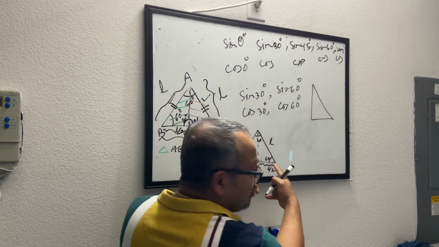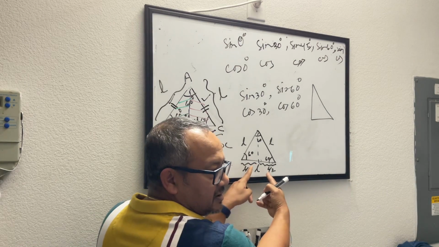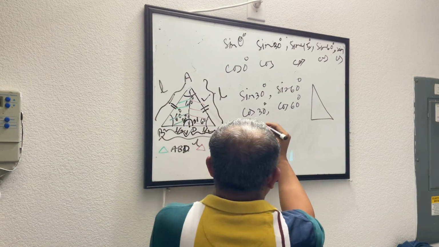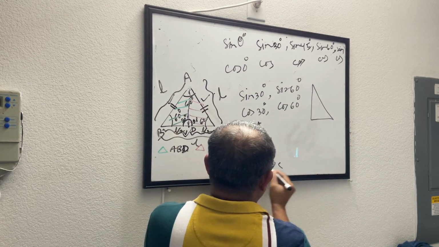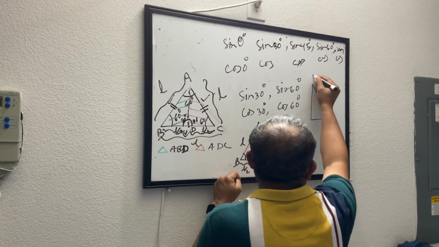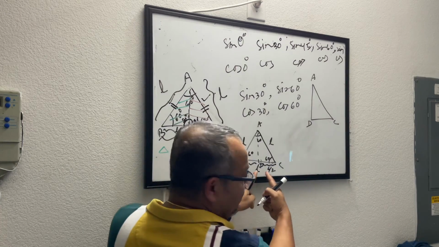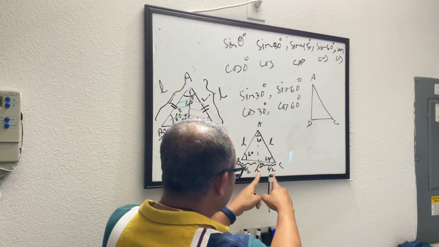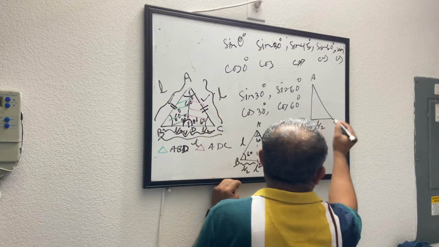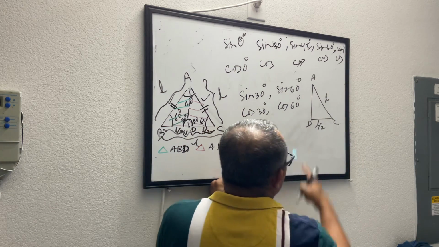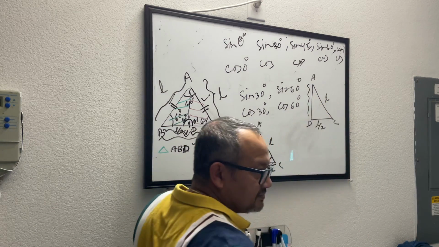I have just zoomed into one of the triangles, okay? So let's say this is A, B, C, and this point was D. So I'm talking about triangle A, D, C. What we see from whatever circus and drama I have done is, this is L over 2 and this is L. We don't know the length of this guy yet.